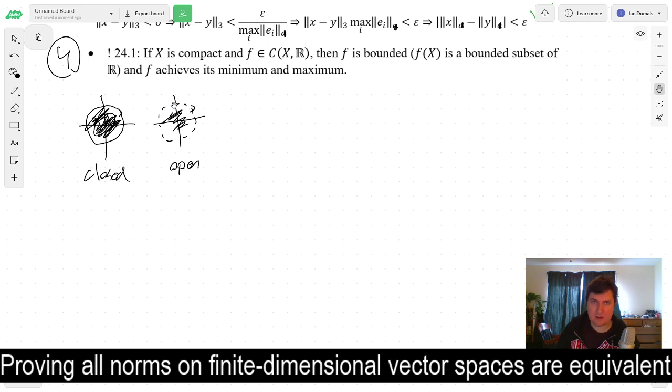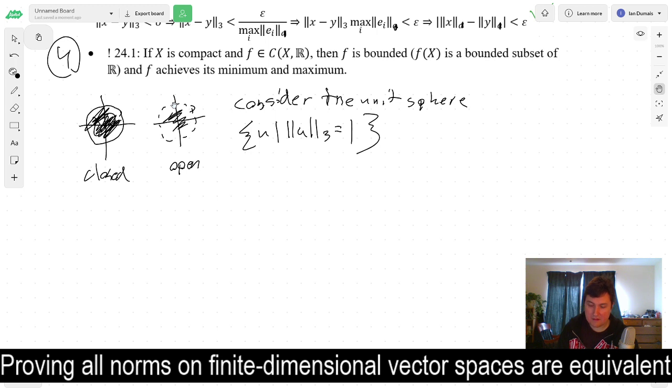So we're going to consider a unit sphere. Kind of like this first one, except we only really need the boundary itself, which is a closed set. And this is in n dimensions, not 2 dimensions. So all these unit vectors such that the length in norm 3 is 1.